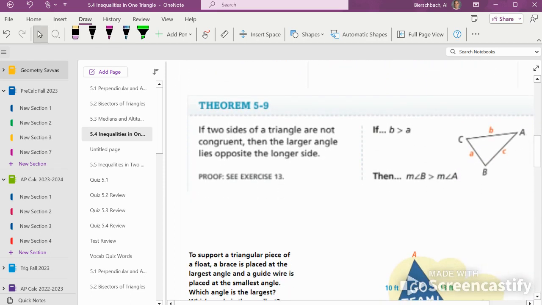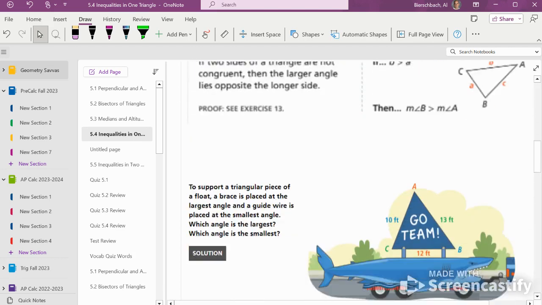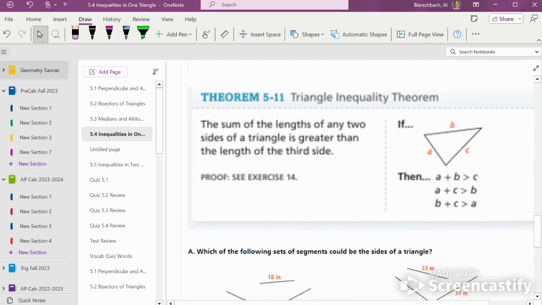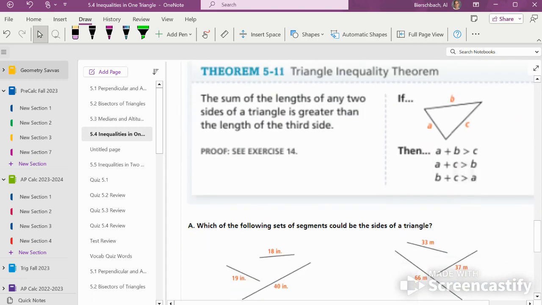Okay? So if 2 sides of a triangle are not congruent, okay, let me go down to here first. There we go. The triangle inequality theorem: the sum of the lengths of any 2 sides of a triangle is greater than the length of the third side. Okay?